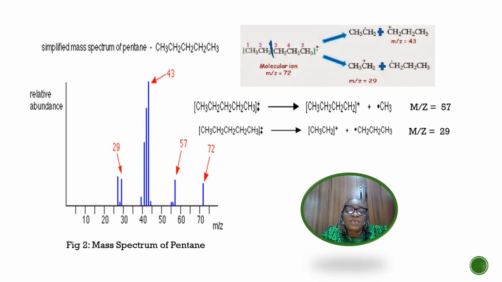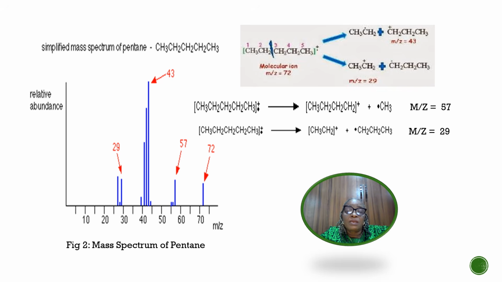It is usually given an arbitrary height of 100, and the height of everything else is measured relative to this. The base peak is the tallest peak because it represents the commonest fragment ion to be formed, either because there are several ways in which it could be produced during fragmentation of the parent ion, or because it is a particularly stable ion.